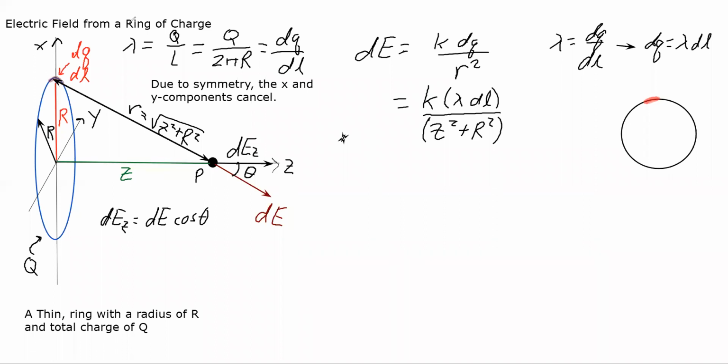If I draw these lines to the center, this is radius R, and this is some small angle, d theta, and this is dL up here.